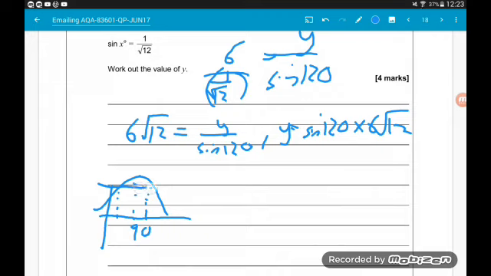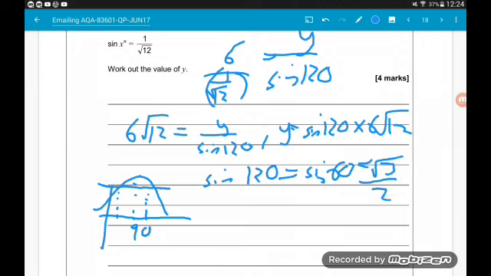So the value of sine of 120 is equal to sine of 60. Sine of 60 is root 3 over 2. So on the left we've actually got root 3 over 2 times 6 root 12.